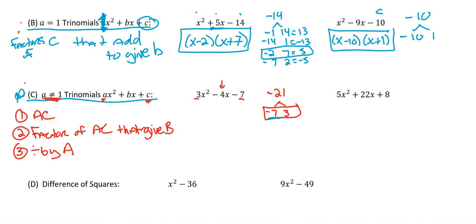So you're going to divide this by 3 and divide this by 3. If it doesn't divide, you're just going to write it as 3x minus 7. The denominator will go in front of the x, and then the constant stays there. And if it does divide, you're just going to divide it. So this will be x plus 1. 3 divided by 3 is 1.